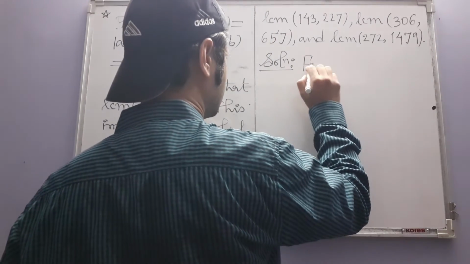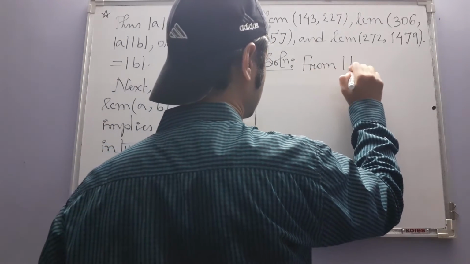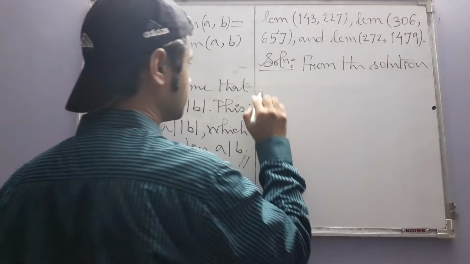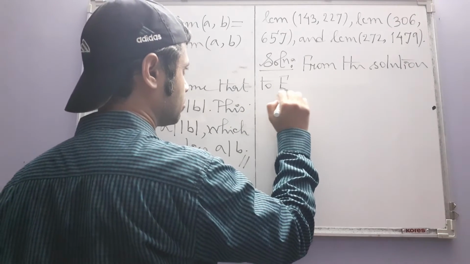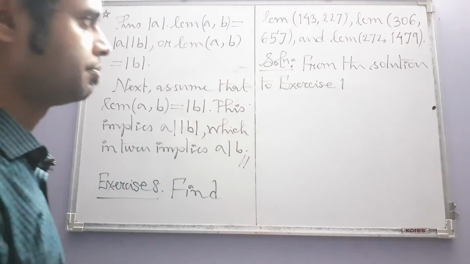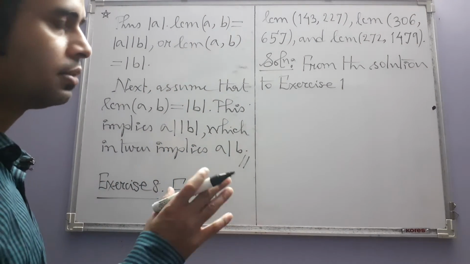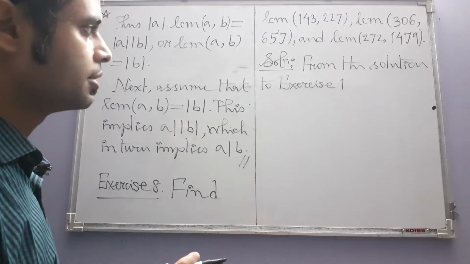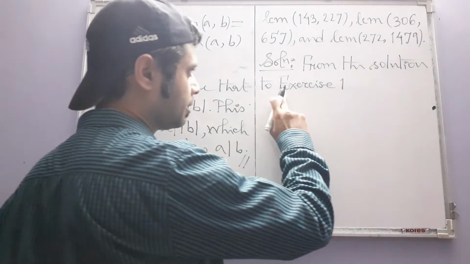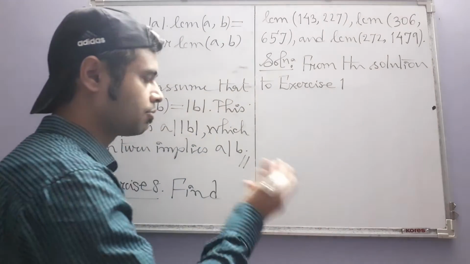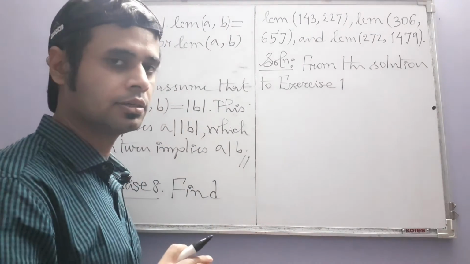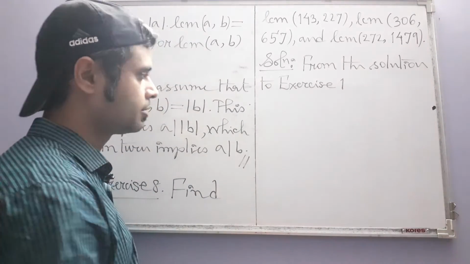From the solution to exercise 1, the convention I am following in referring to these exercises or their solutions is that if you don't see an exercise followed by the section number where it is appearing, you should understand that it is in this section itself where we are currently at.